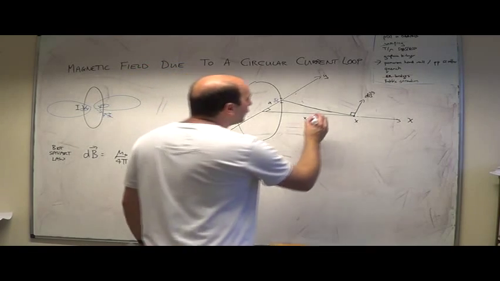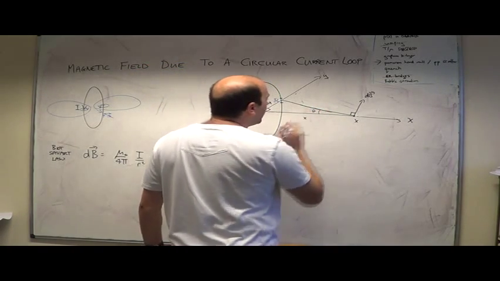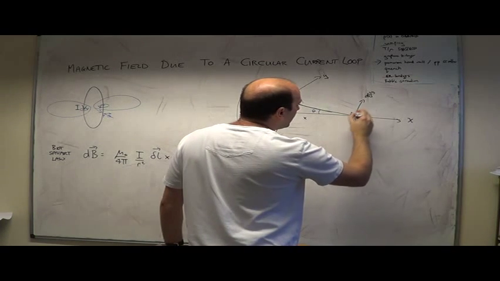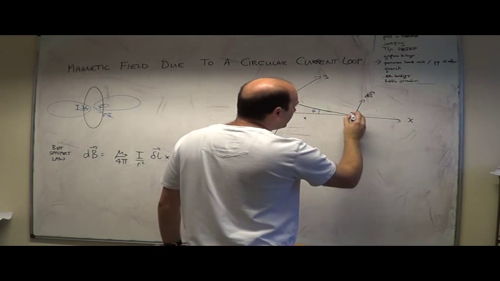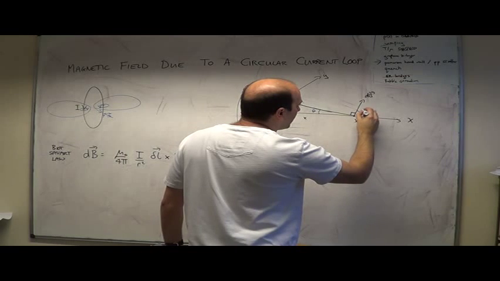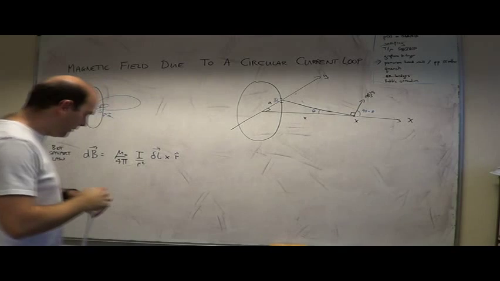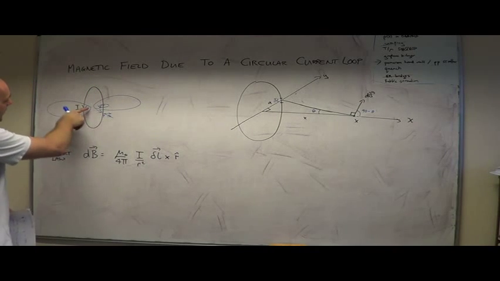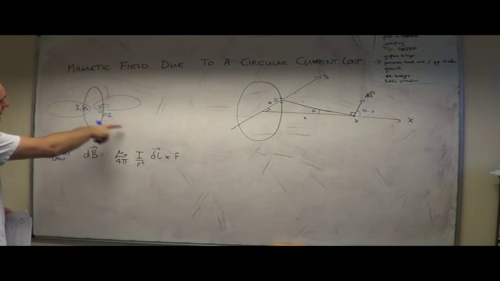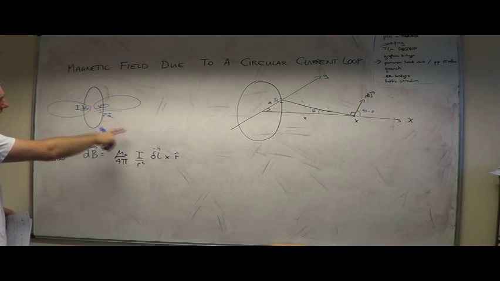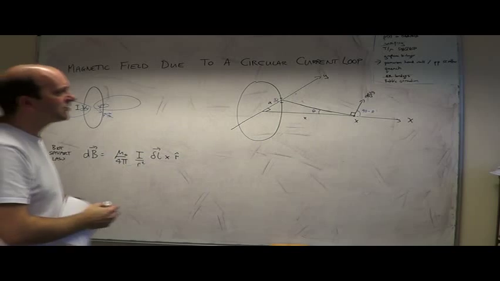Okay, let me call this angle here theta. Then this angle here will be, so that's 180, 90, so that'll be 90 minus theta. And as I just said, what we'll be interested in is the magnetic field in that direction, which when I add up opposite pieces around the loop will end up just lying in the x direction.